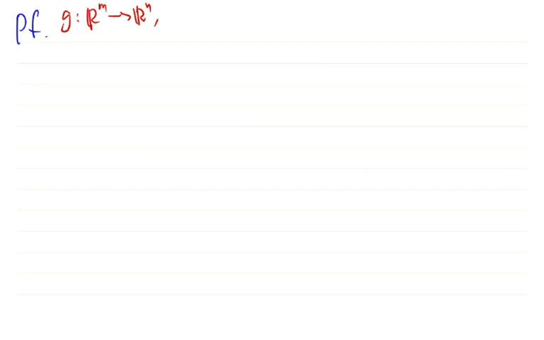And P is a point in the inverse image of the origin. Okay, so this set is our M, which is a subset of Rm, of course. And the rank of the derivative at P is n.